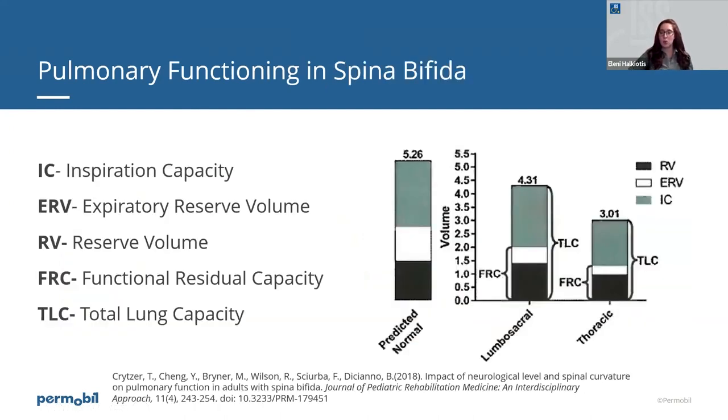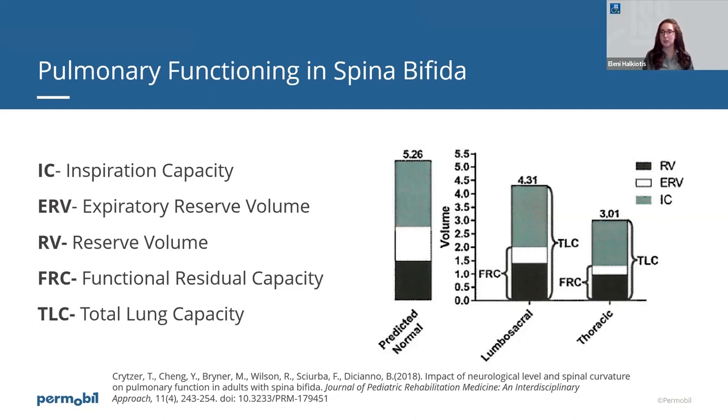The findings were divided according to level of lesion. The study participants who had a thoracic level lesion versus those with a lumbosacral lesion, and both of those were compared to the predicted normal, people without a diagnosis of pulmonary dysfunction. What they saw is that the findings reflected what many of us would have expected.